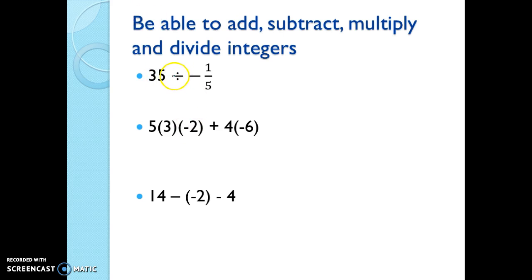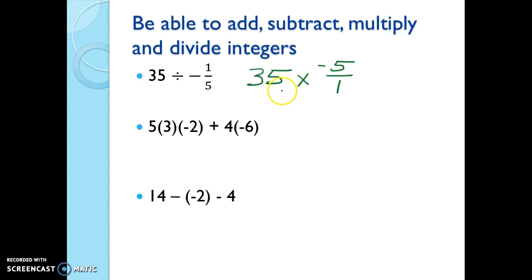So 35 divided by -1/5. Remember, when we are dividing, we keep, flip, and change. We keep the first number, we flip the second number, we change the operator.